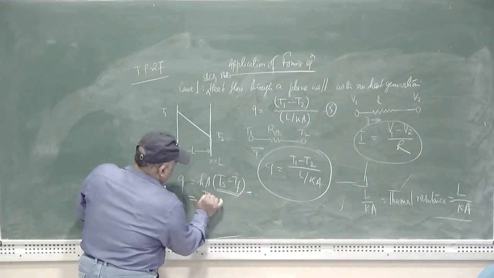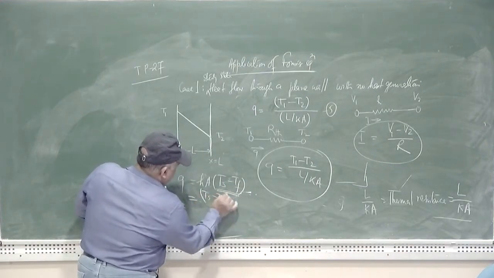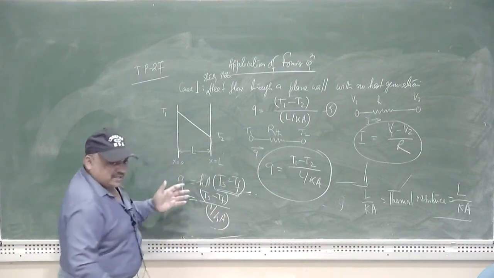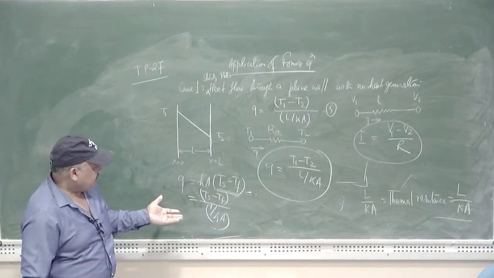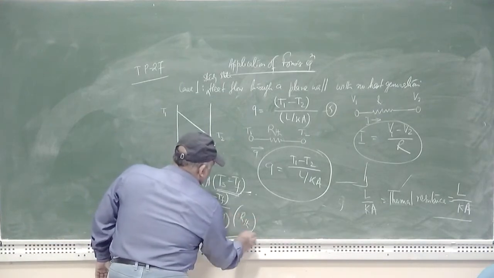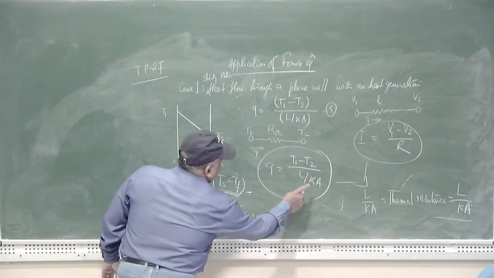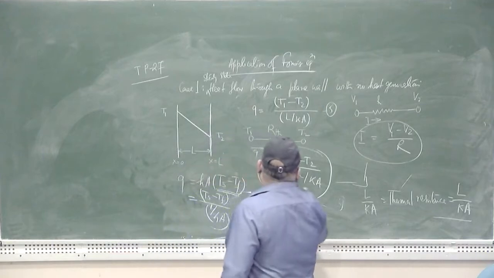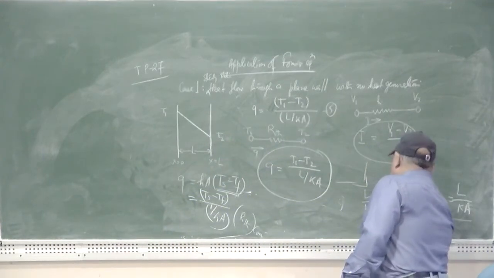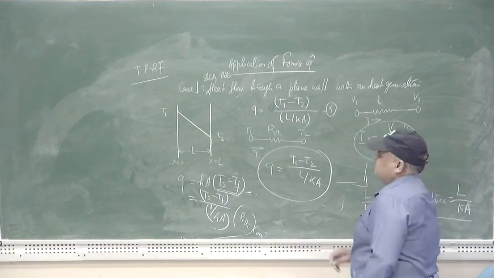So it can be written as Ts minus Tf divided by 1 upon Ha. So for that case as well, this is also a thermal resistance, but this thermal resistance is convective, and this is called conductive resistance.